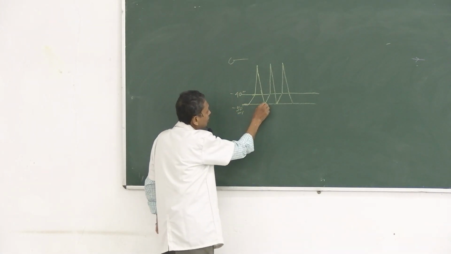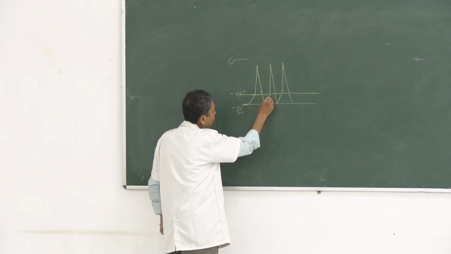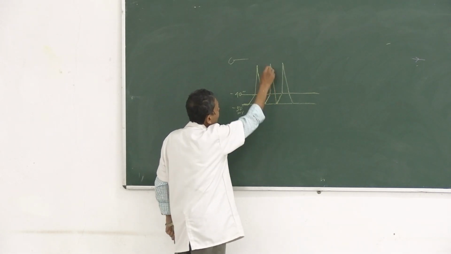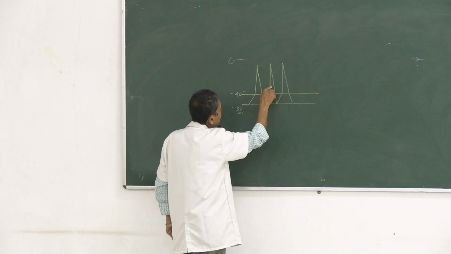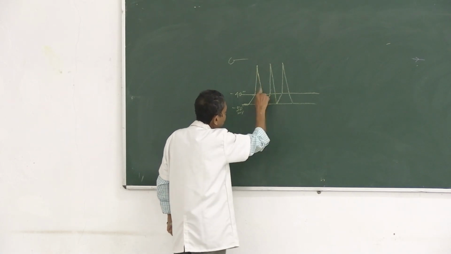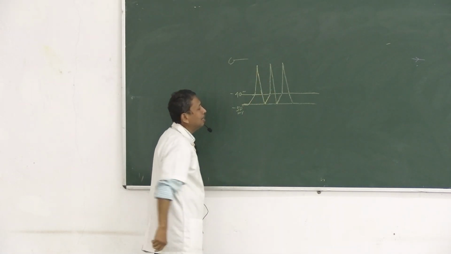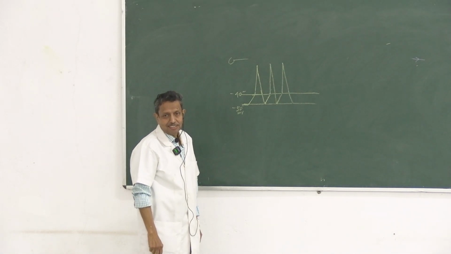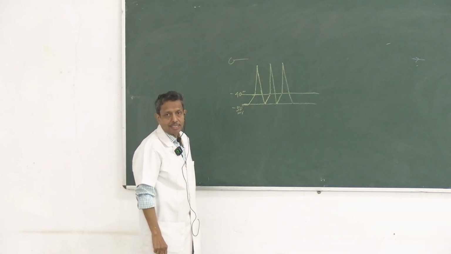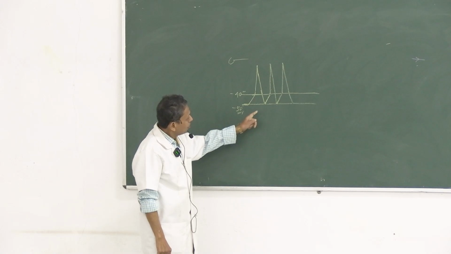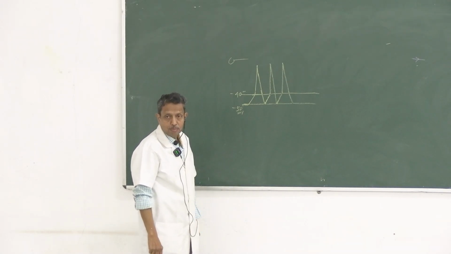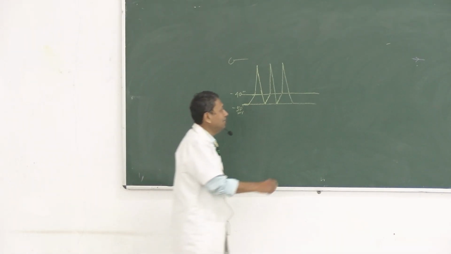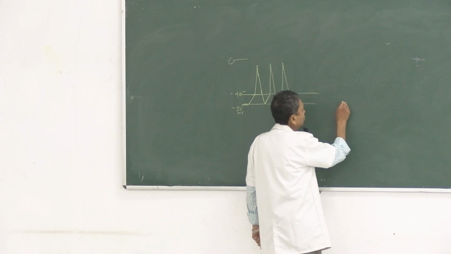From this level, parallel to it, you draw a line, and parallel to this line, so that in that way you can draw the pacemaker type of potential. It is slower than in cardiac muscle, but in this way you can draw it, or it may be of sine wave-like fluctuation.